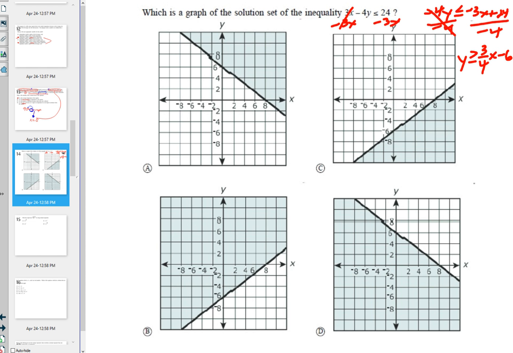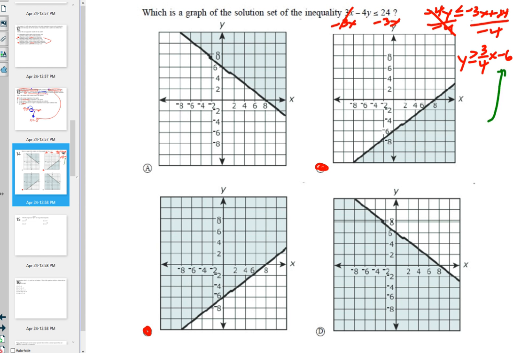So I'm looking for a boundary that crosses through negative 6 and has a positive slope. How many of these graphs does that apply to? Two of them. Both B and C have a positive slope and cross the y-axis at negative 6.